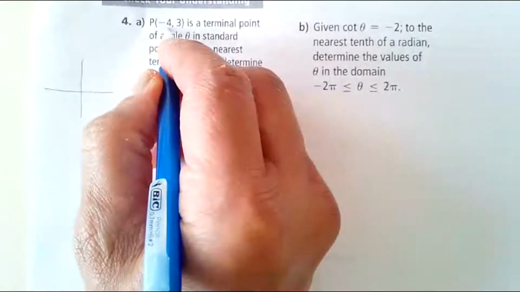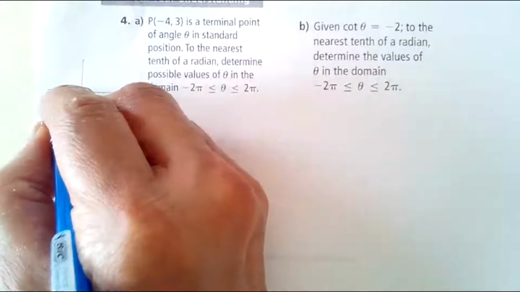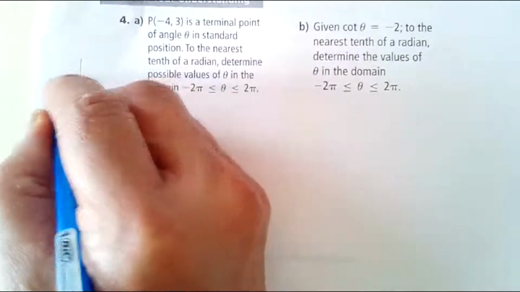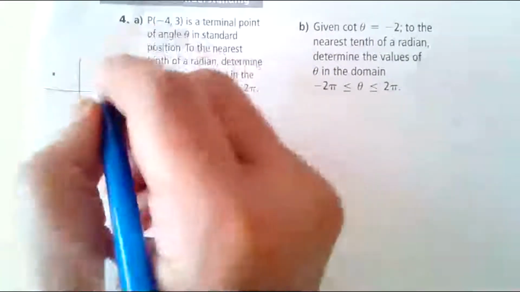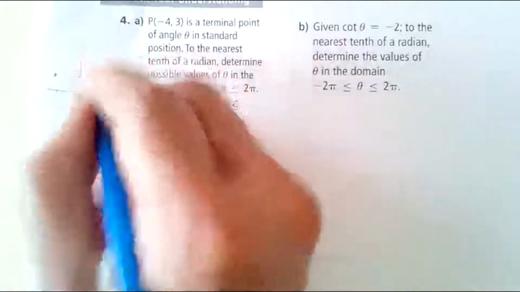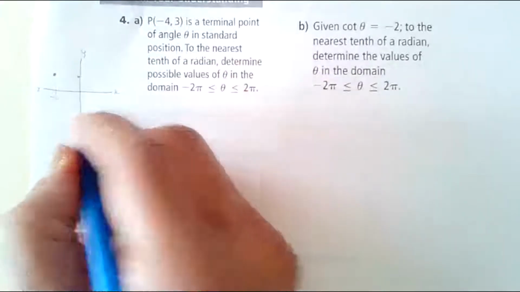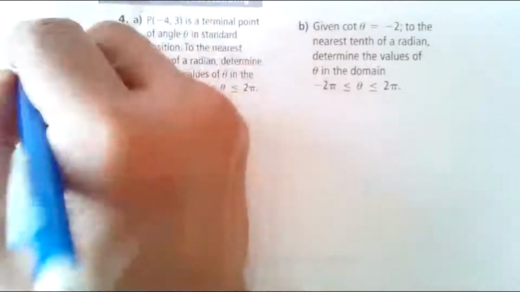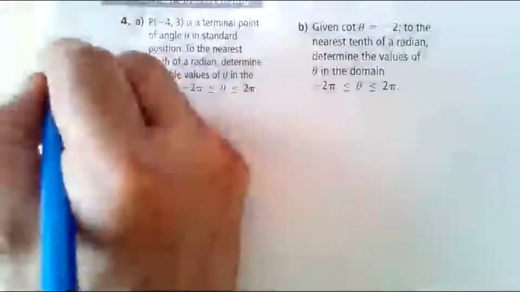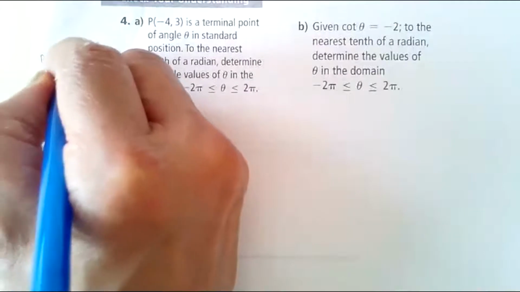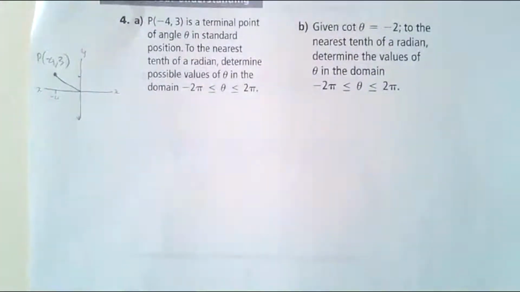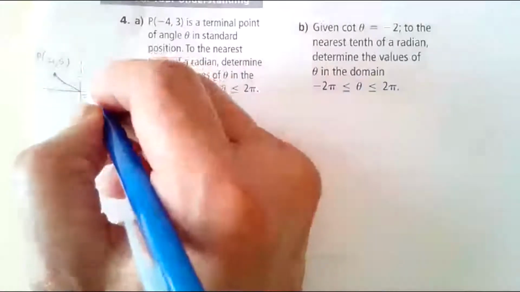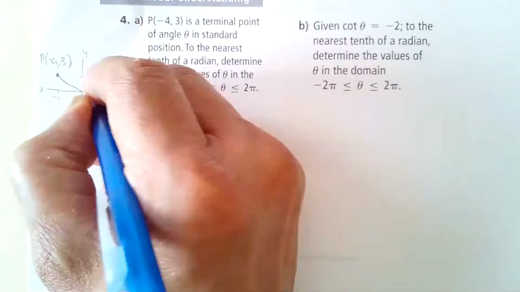So negative 4, 3 is about here. It's my x, y. So P is negative 4, 3. So you'll want to find theta.